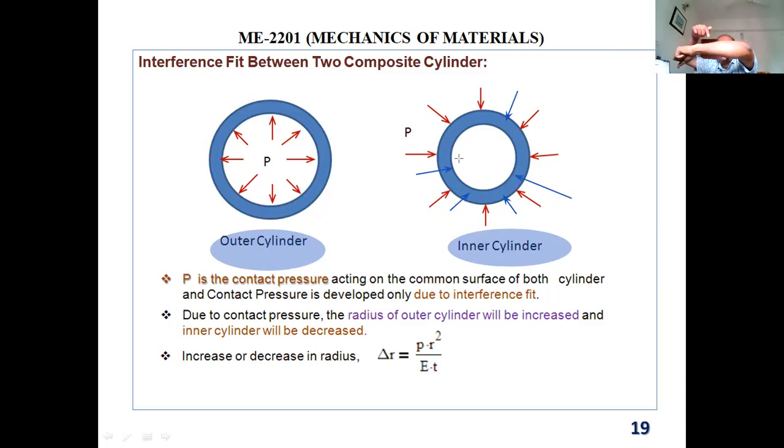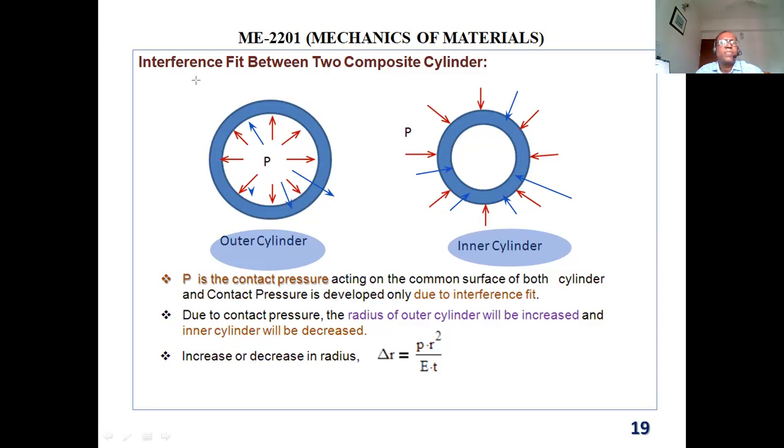He will feel pressure from outside. Similarly, the outer one will feel pressure from the inside. When I'm holding my hand, pressure will be around my hand, right? So this contact pressure we can figure out if we know the amount of radial interference.